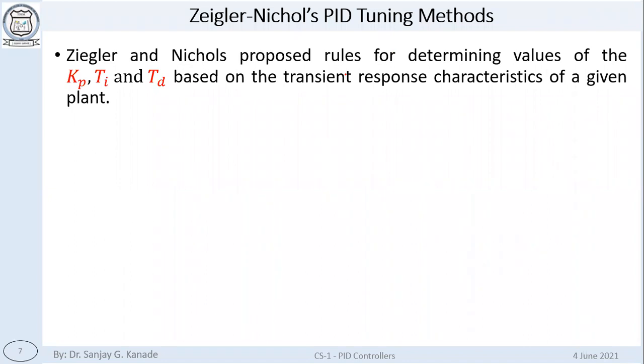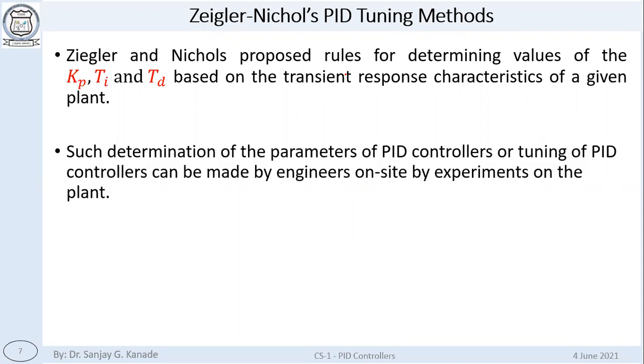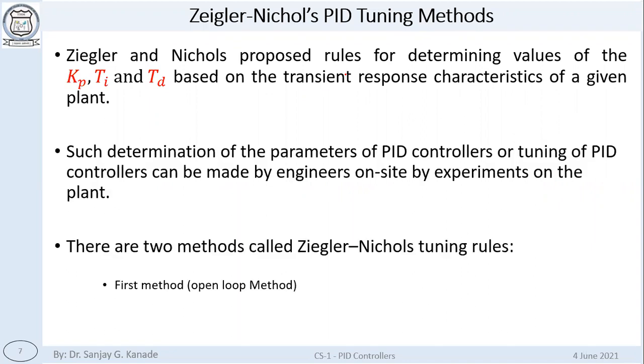What they did, actually, they have proposed two methods which we are going to see, right? There are two methods, not just one. The first method is based on the transient response characteristic of a given plant. What is meant by transient response characteristic?